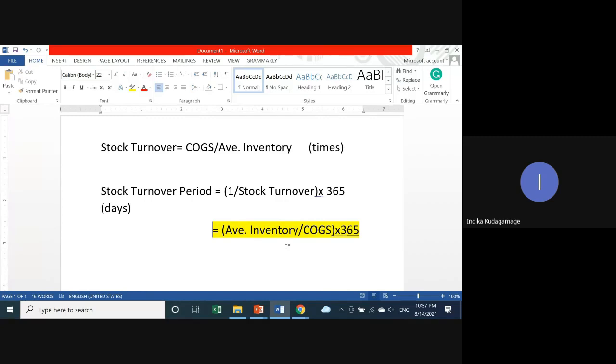Based on your industry, you should be able to guess what kind of stock turn to expect. Say a bakery owner comes to you for a facility. What is your question? How much stock do you have?